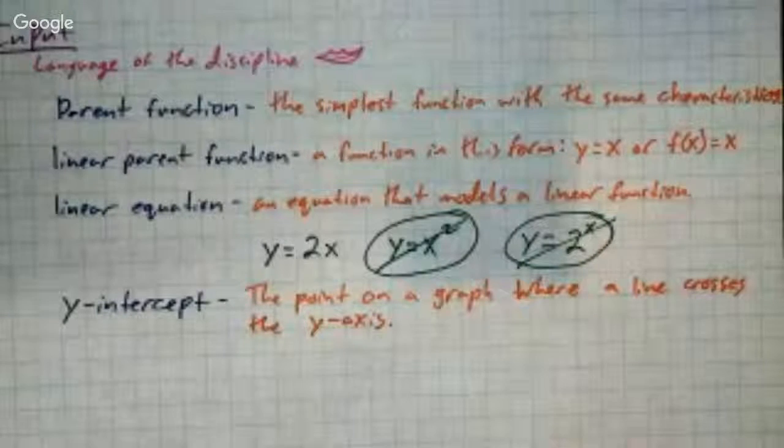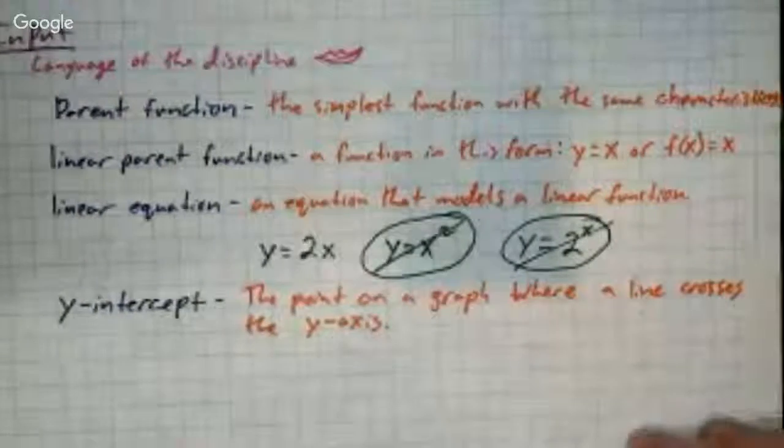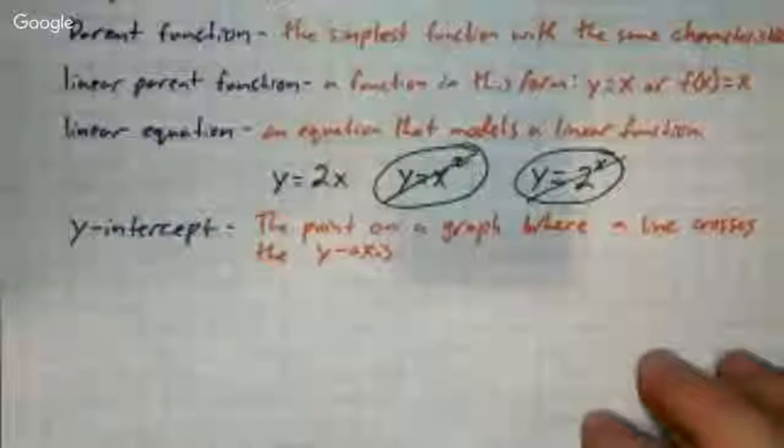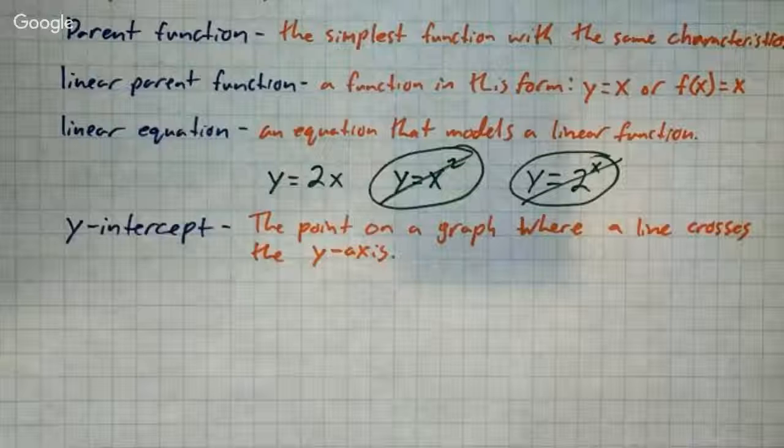Simple enough. Anytime you're looking at a graphed line, wherever that line crosses the y-axis, that is what is called the y-intercept.